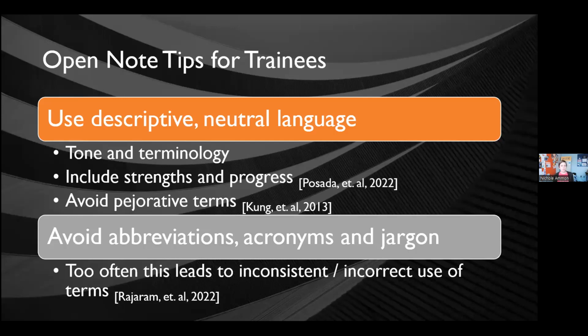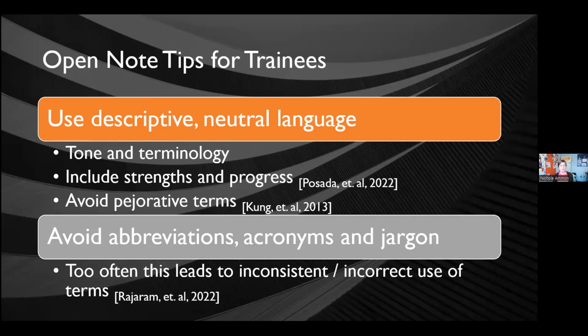So use real, descriptive, neutral language. The use of objective, jargon-free, non-judgmental language can humanize notes. We have to pay attention to tone and terminology, but we also don't want to sugarcoat things and be less than truthful. It's great if you're able to include strengths, accomplishments, progress, because patients don't want to read their notes and necessarily just see all bad things, nor should you only be putting all bad things in there.